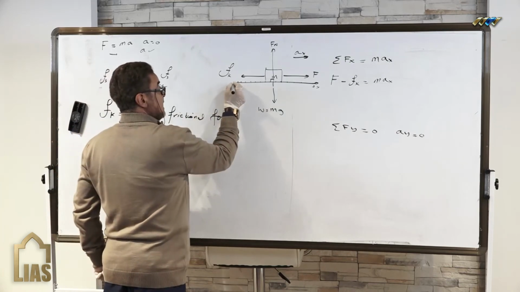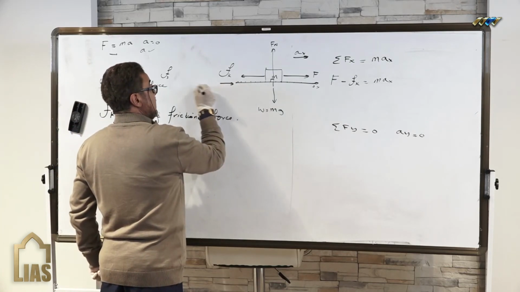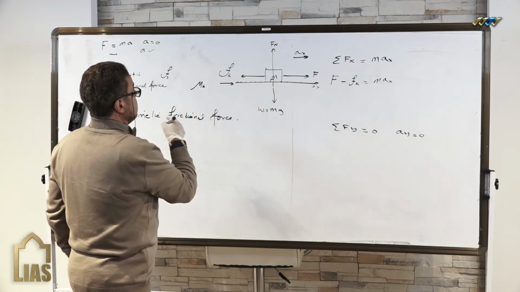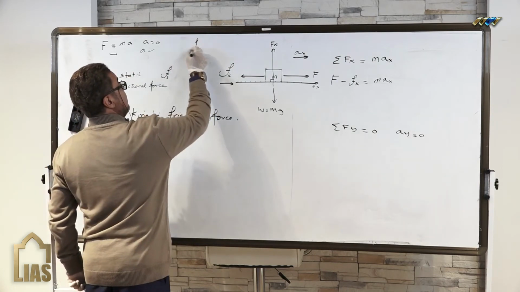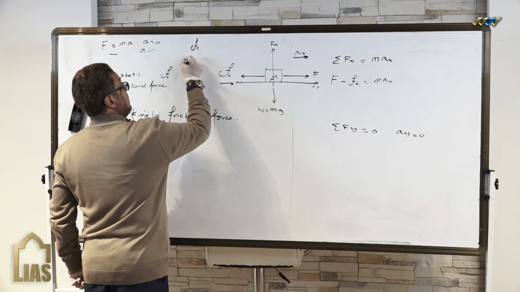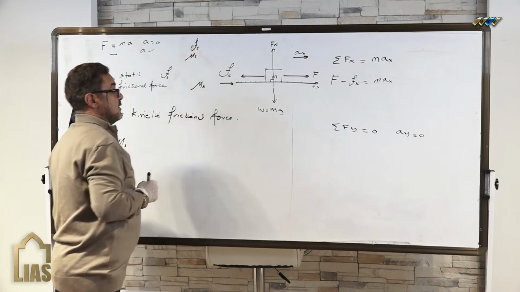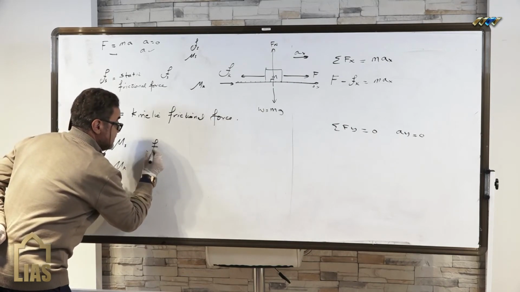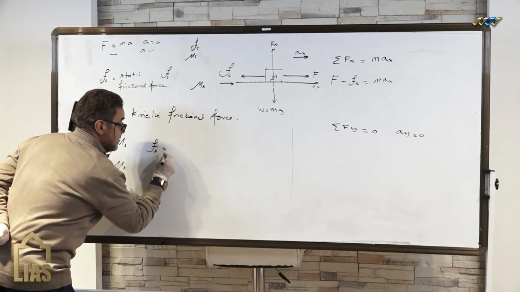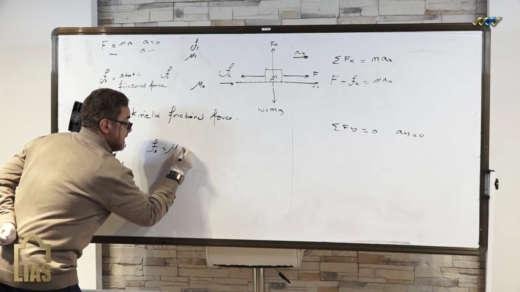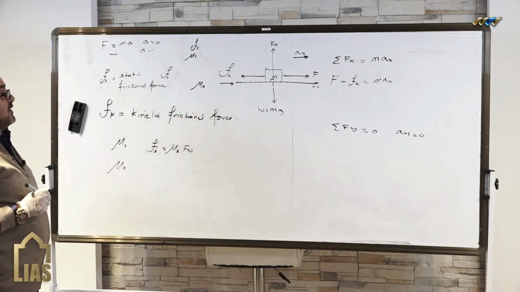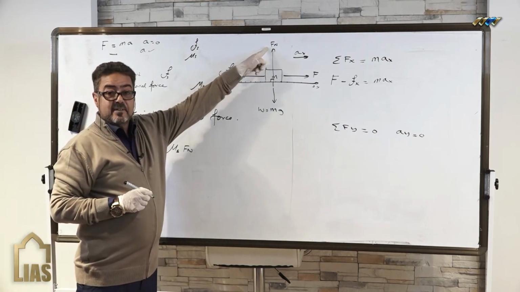This surface, for example, has either this mu k, and the other one, when we have Fs, we have that mu s. Okay? The static frictional force has the mu s of Fn, a part of Fn. Okay?